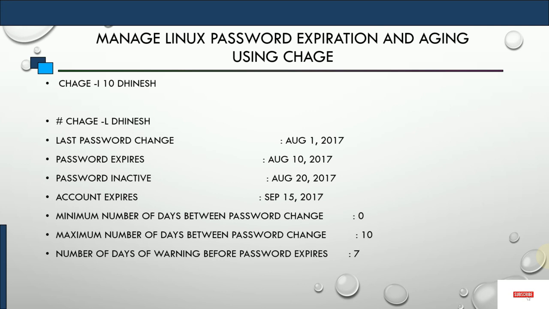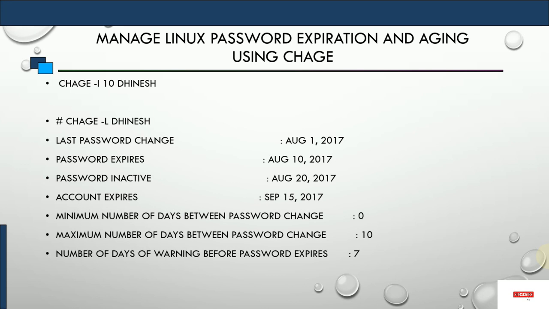The maximum number of days between password changes is the same as password expiration. As soon as you put 10 days, the maximum number of days between password changes will show 10 days here. And the number of days of warning before the password expiration: suppose it is set as 7, and the user has changed his password on 1st August.